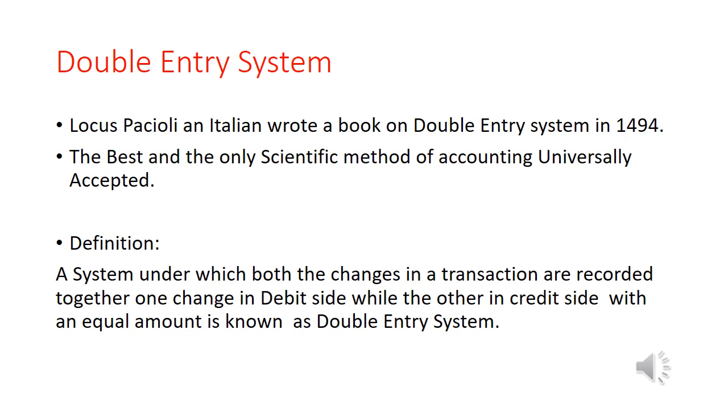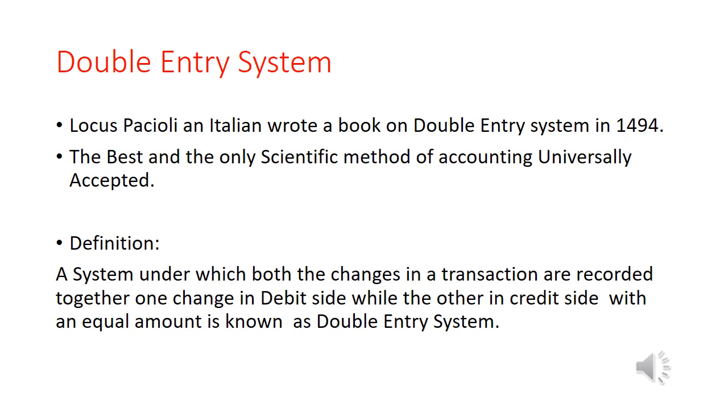Luca Pacioli is an Italian writer who wrote a book on the double entry system in 1494. It is regarded as the best and only scientific method of accounting system, which is accepted universally.